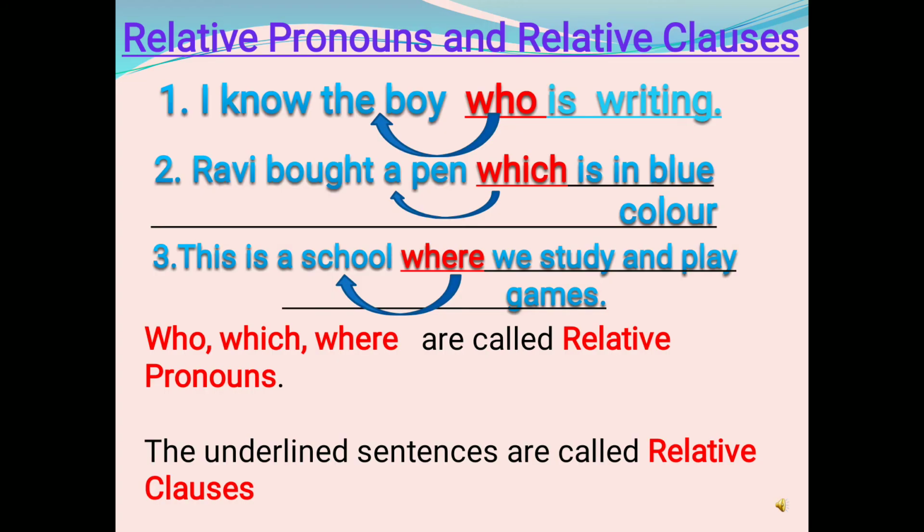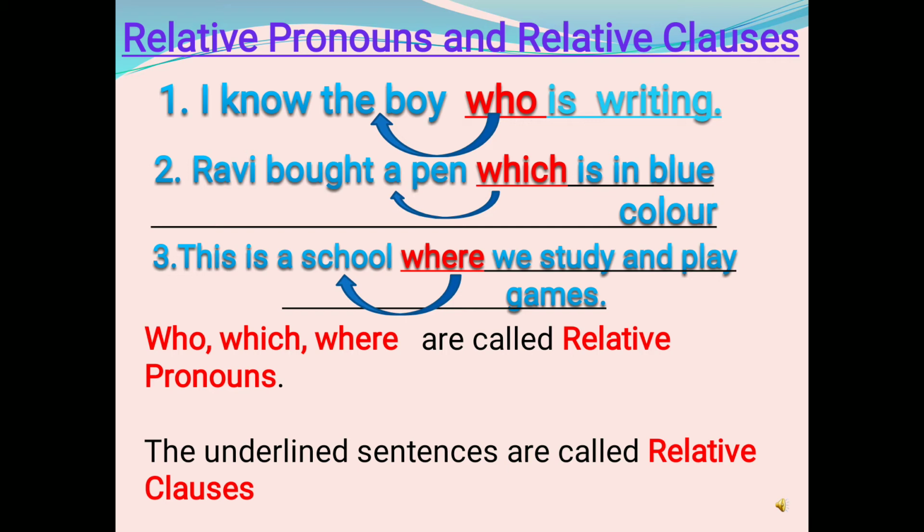Now let us know about relative pronouns and relative clauses. I already told that in the first sentence, I know the boy who is writing, who represents the boy. So this who is called relative pronoun, and the underlined sentence is called relative clause because it is dependent on the first sentence, I know the boy.